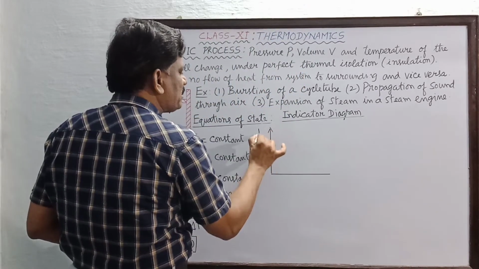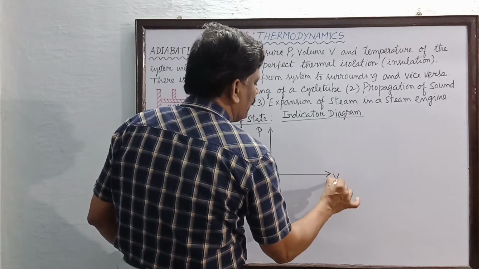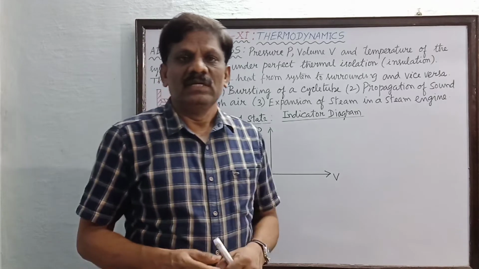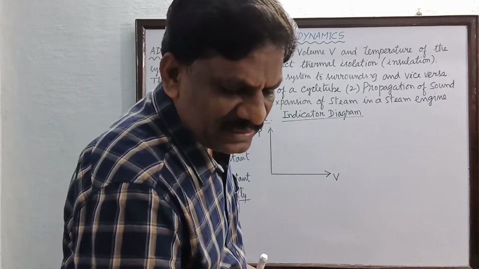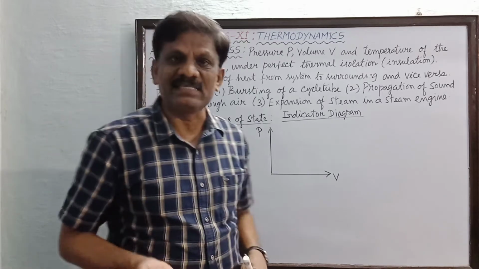The pressure P is taken along the y-axis and the volume V is taken along the x-axis. Now, what will be the nature of this PV diagram for three different gases I am going to draw now.